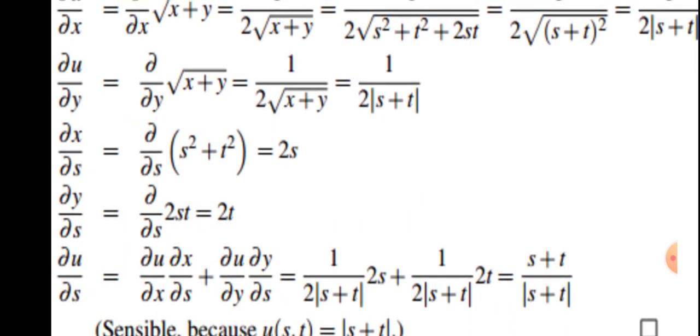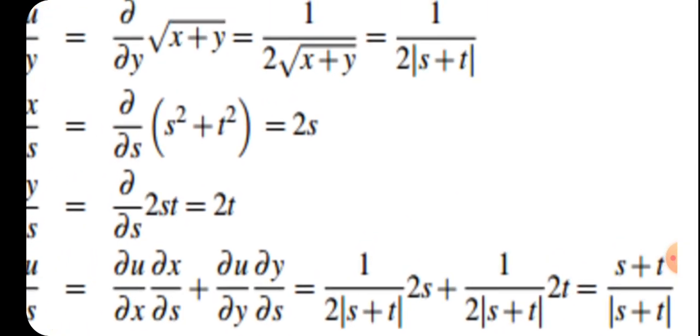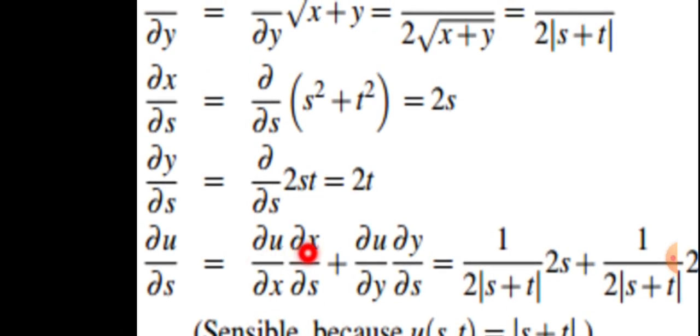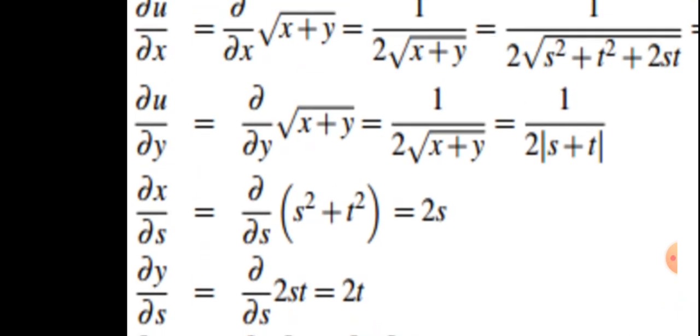Partial u, partial s is partial u, partial x times partial x, partial s. And here, partial u, partial y times partial y, partial s. So we have to find partial u, partial x, partial x, partial s, partial u, partial y, partial y, partial s.